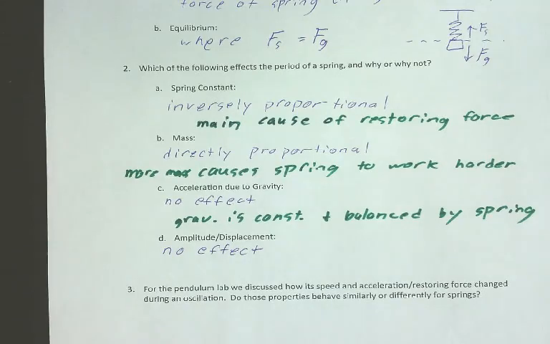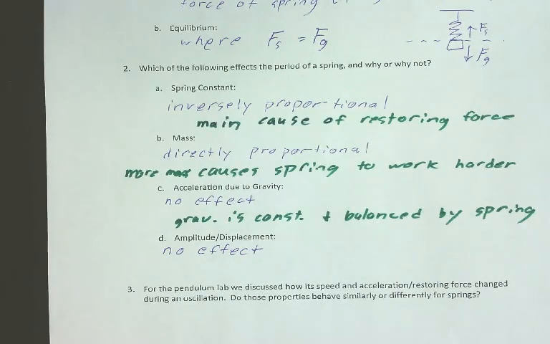Okay? Not any spring would work perfectly in space. You would need a spring that's already stretched out a little bit. But the basic idea is you don't have to have gravity to make it move.